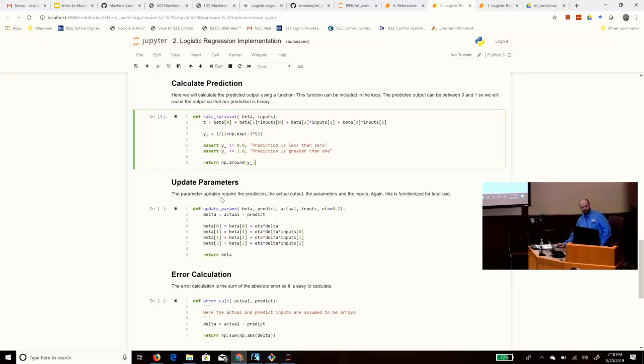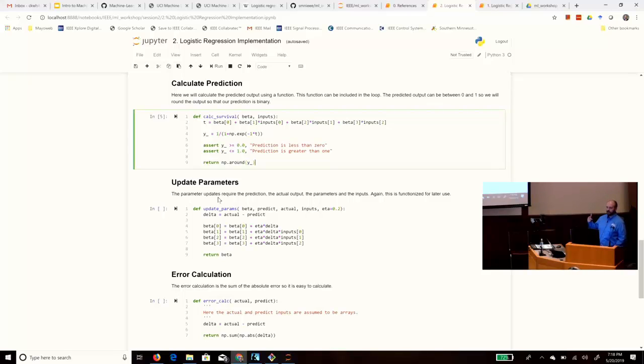Now, we're going to create another function. This function is going to take in our current parameters, our current predicted output, our actual output, and the current input values, and the learning factor, if we choose. By putting in eta equals 0.2, it's got a default value, so you don't have to pass in a learning factor number if you don't want to. And then this function will just calculate the updated values for beta.